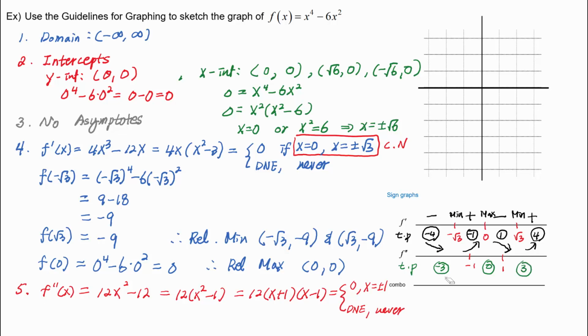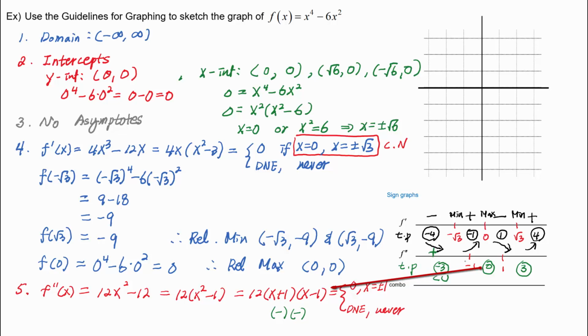So when you test -3, I get 12 times (-3 plus 1), which is negative, times (-3 minus 1), which is negative. When you multiply two negatives, I get positive, which is concave up.